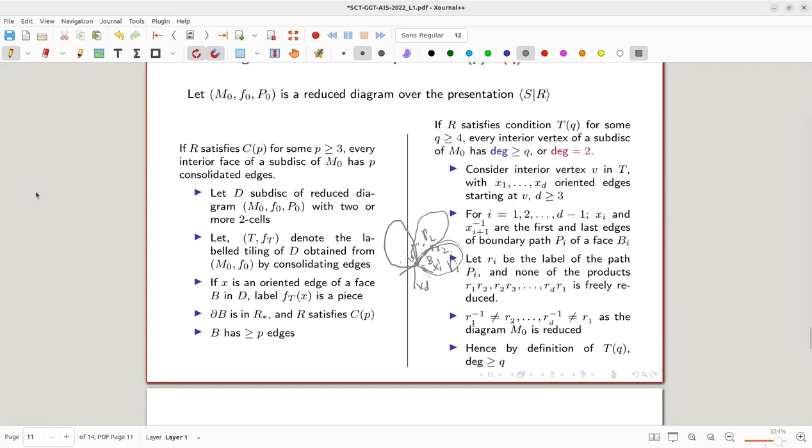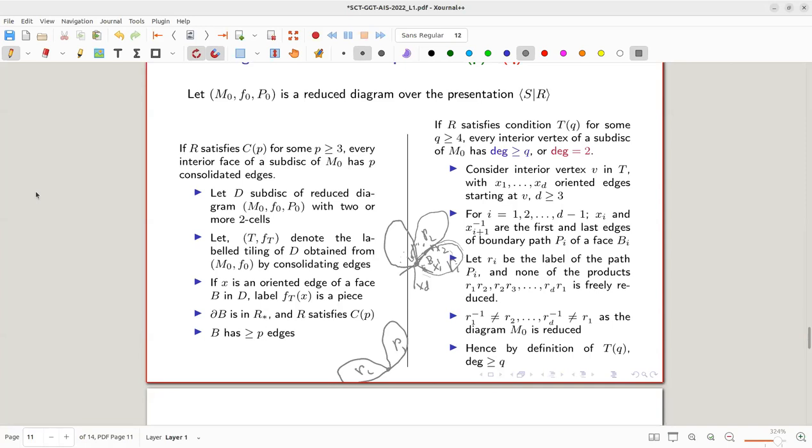So none of these consecutive products are freely reduced, because if they were, there would be a situation like this, right? So this will be R1 and this will be R2. In that case, you have a freely reduced product. If you have R1 this, R2 this, then R1 R2 is freely reduced, right?